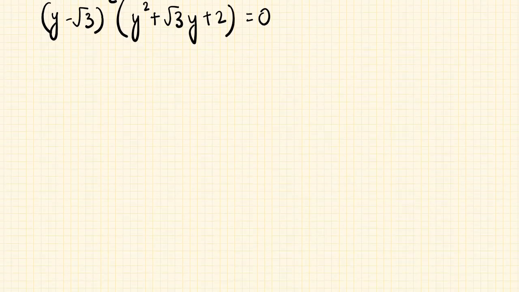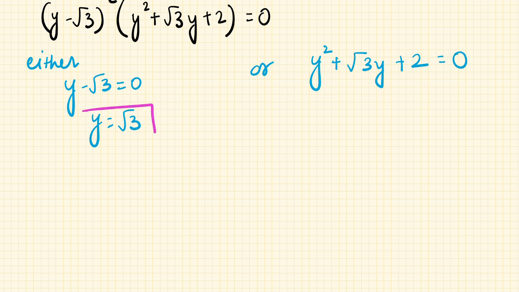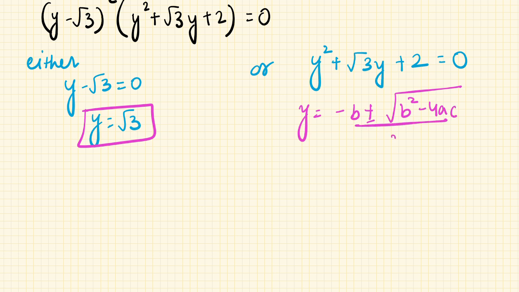Now you know here either y minus root 3 is equal to 0, so y is equal to root 3, or this quadratic is equal to 0, right? First of all we're going to stop here. Now solving it using the quadratic formula, y is equal to minus b plus minus square root of b squared minus 4ac over 2a. My b is root 3, my c is 2, and my a is 1.